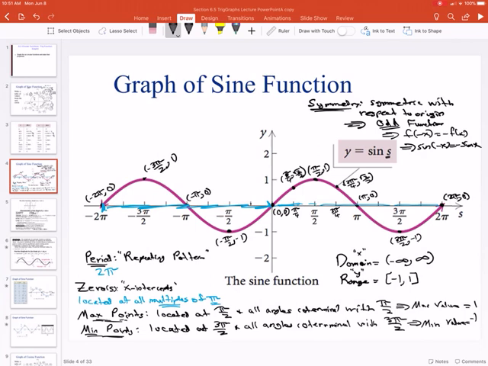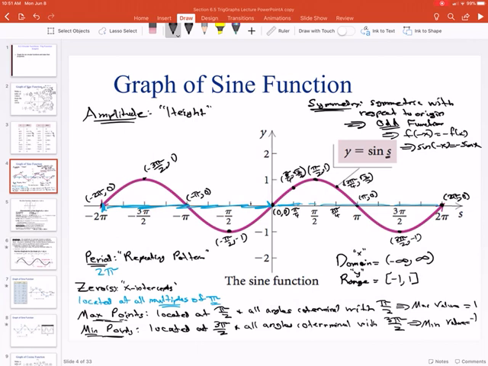But those are key characteristics. We want to talk about another one, and that is the height, what we call the amplitude. Amplitude is the height of your wave. If you look at your max and min points, they occur at 1 and -1. So the amplitude is always calculated as 1/2 the max minus the min.